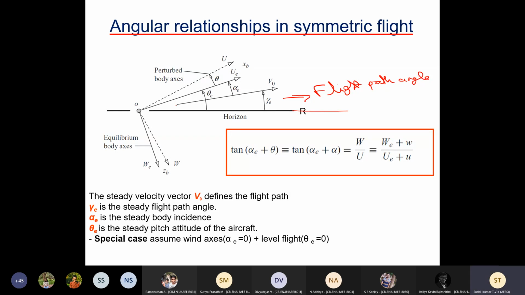Now you have the velocity vector given by V naught. Body axis OXb is pointing in this direction. The angle between this velocity vector and the body x-axis is alpha e, which is the angle of attack.